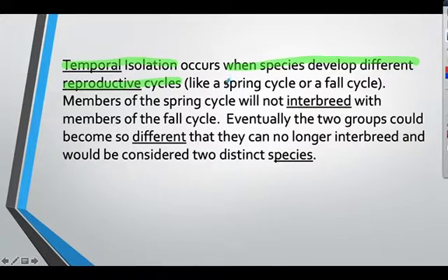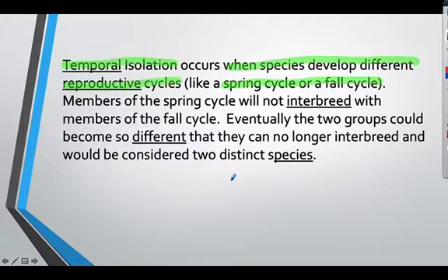Some of them might reproduce in the spring, where some are in the fall, and over time they might become so different because of that that they would never reproduce because they have those different cycles. So members of the spring cycle would not interbreed with those in the fall, and then they could become so different that they would not be able to interbreed and become two distinct species.